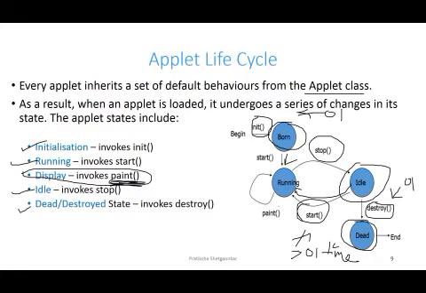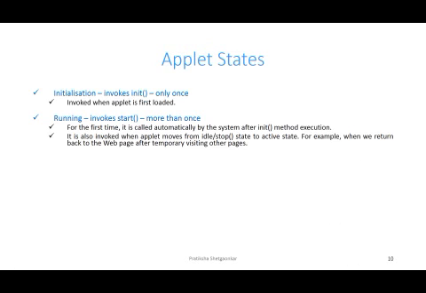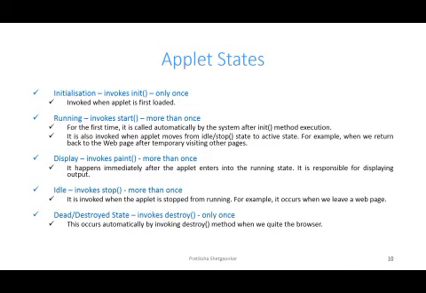It must be noted that the display state is not considered a part of the applet's life cycle. In fact, the paint method is defined in the Applet class, and it is inherited from the Component class, a superclass of Applet. So this is what we discussed in the previous slide, how each of these states of the applet behaves.